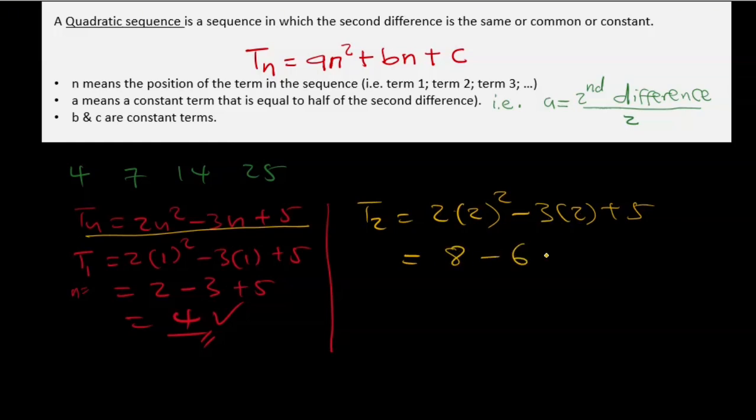This is 6. This is 5. So this will give me 7. Why? So this 8 minus 6 will give me 2. 2 plus 5 will give me 7.